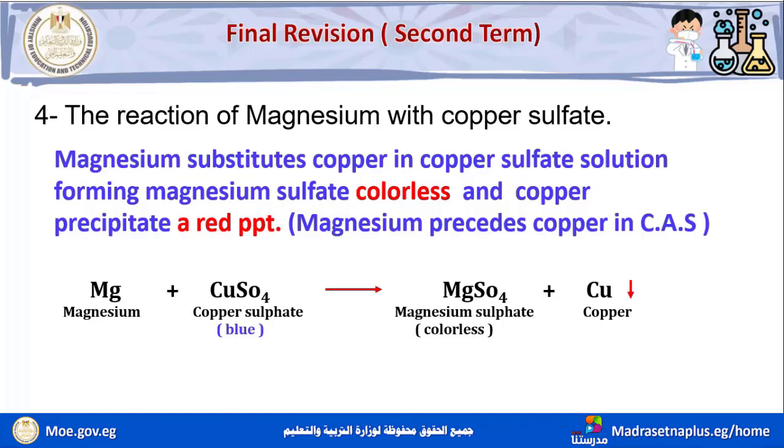Magnesium precedes copper in the chemical activity series. Okay, magnesium Mg plus copper sulfate CuSO4, its color blue, produce MgSO4, magnesium sulfate, colorless, plus Cu, red precipitate, copper.